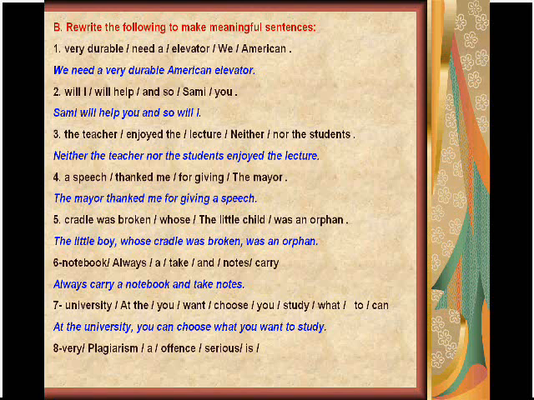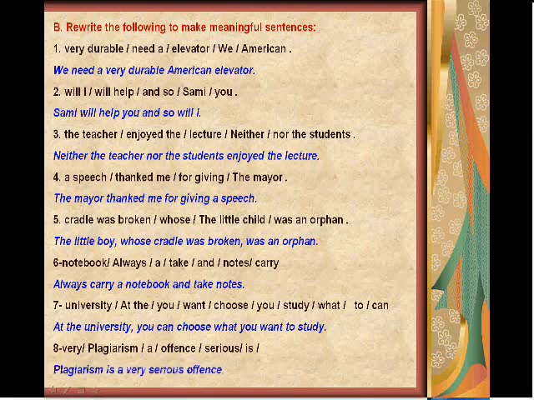So if we have here "very plagiarism, a offense serious is." Of course you are going to start your sentence with the word that's got a capital letter in, yeah? So plagiarism. And then what should we use? Of course I'll go for the verb "is".